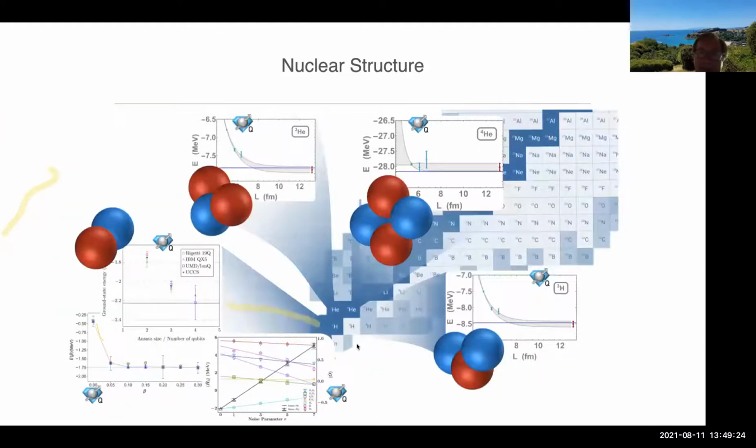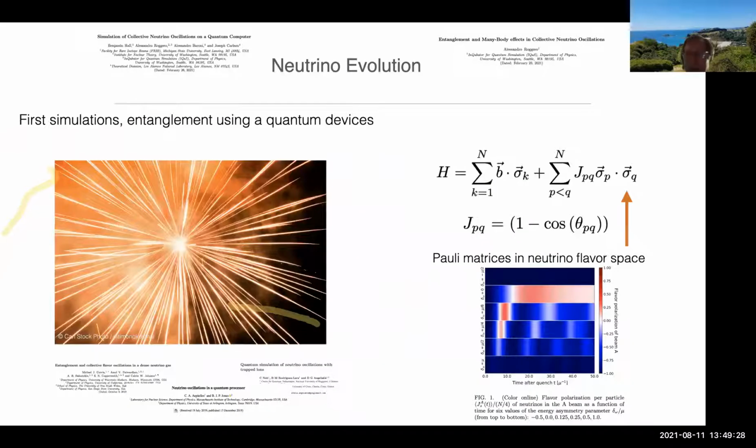Okay, so I'm going to jump a few things. Well, actually, let me go back. So beyond lattice gauge theories, of course, there are a number of other quantum simulations, as I mentioned earlier. One of the ones that's also interesting is the study of neutrino oscillations in astrophysical environments where neutrinos get to interact with themselves. The density of neutrinos is high enough that they interact with themselves. They couple to the lepton number.